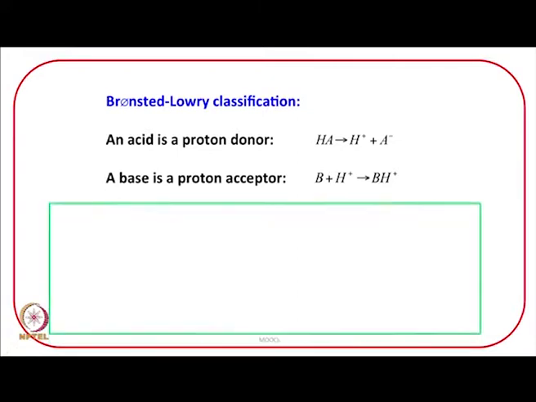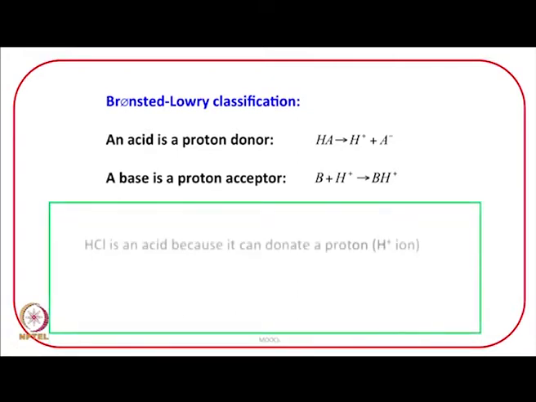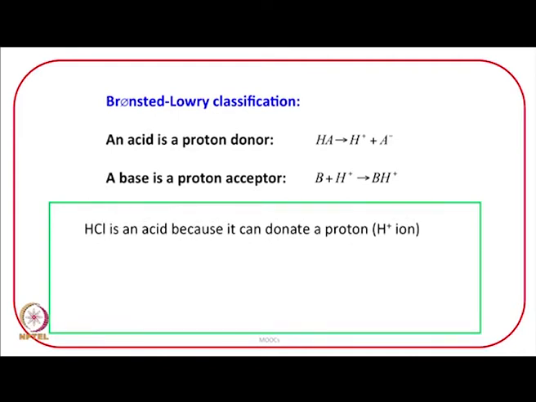Let us discuss a little more about this. HCl, according to this classification, is an acid because it can donate a proton, that is a hydrogen ion. We know that when HCl is dissolved in water, it dissociates into H ions and chloride ions.